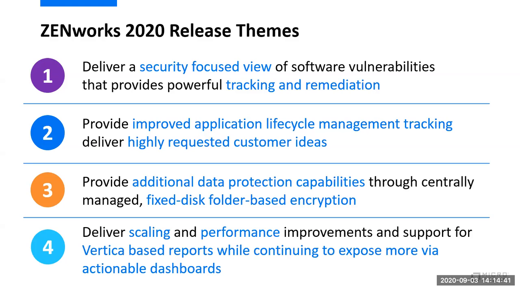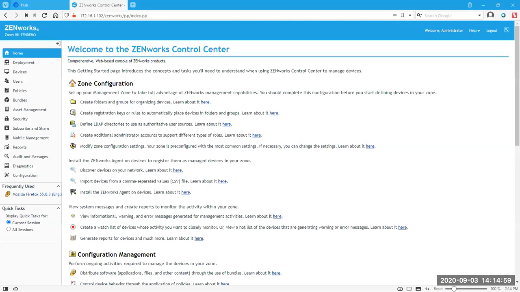Let me just jump to my, why is my system not doing a tab? Let me switch to my console. So the first thing that we've done is we've added the security dashboard.